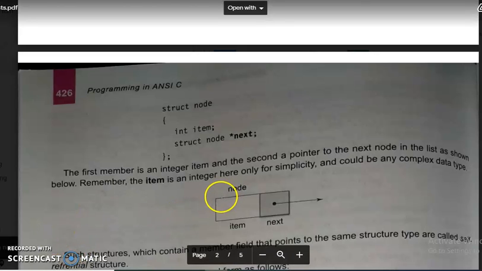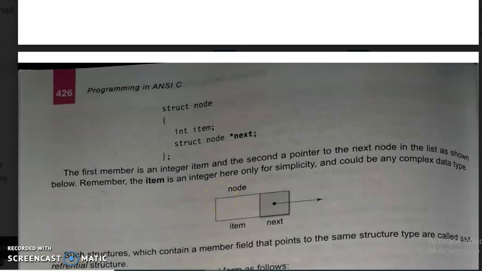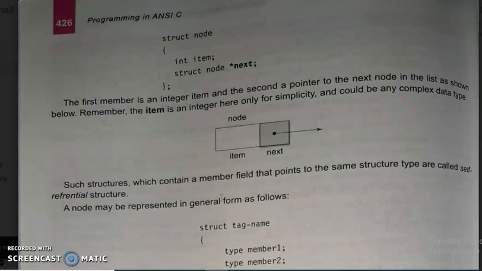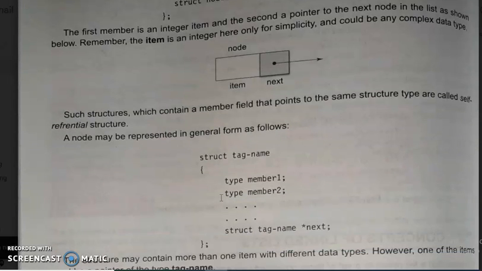A structure containing a member field that points to the same structure type is called a self-referential structure. A node may be represented in general form as follows: struct tag name, then the members of the structure and the data types, and then the struct keyword, tag name, star next.